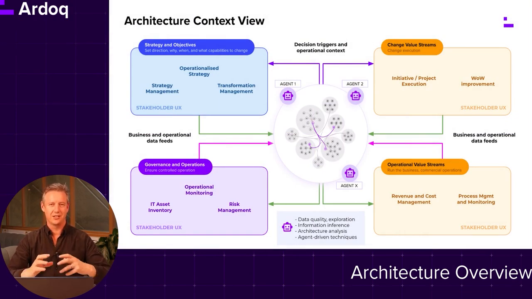From a context perspective, our vision for Ardoc architecturally is to be at the hub of an organization. We want Ardoc to be a decision-making tool to help a company execute in a better way that makes use of enterprise architecture techniques as well as techniques from other disciplines, so that different aspects of an organization, from its strategy to its operational value streams, to its change or PMO function, and also the GRC function, are all making use of information from Ardoc.